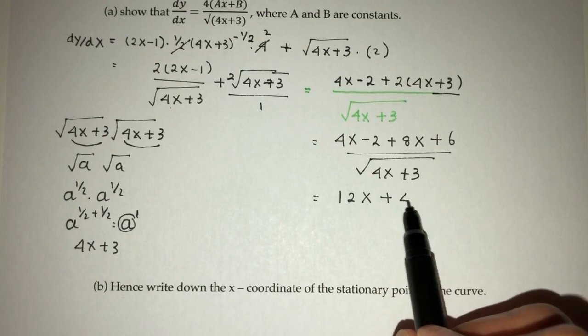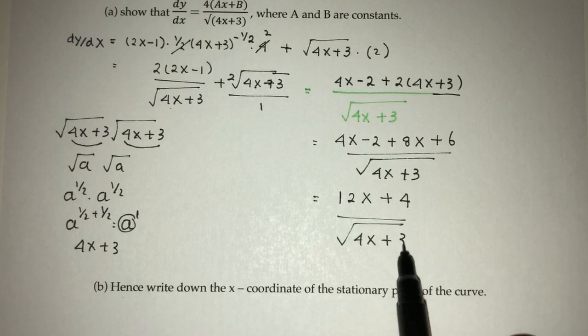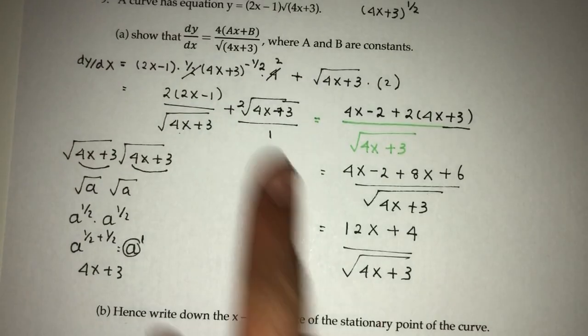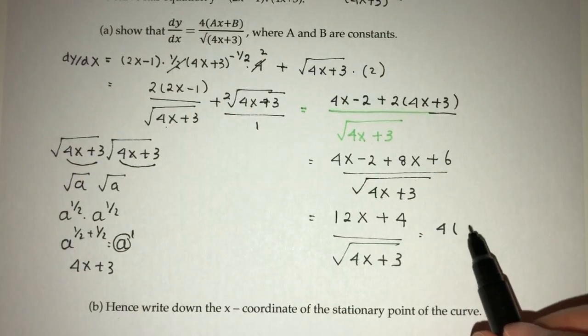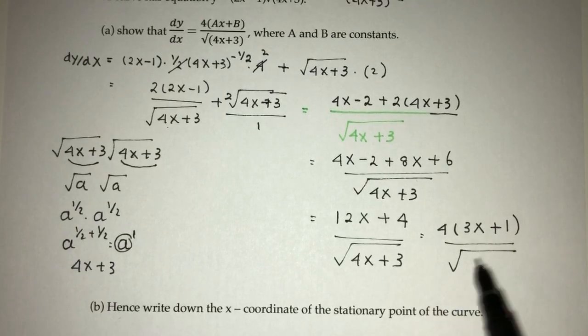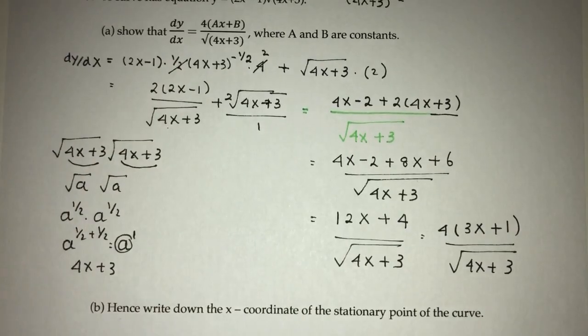Plus 4. Okay, now we can factorize 4 outside to make this become like this. You will have 4 outside, you will have 3x plus 1 over root of 4x plus 3. And this is your answer for part A.